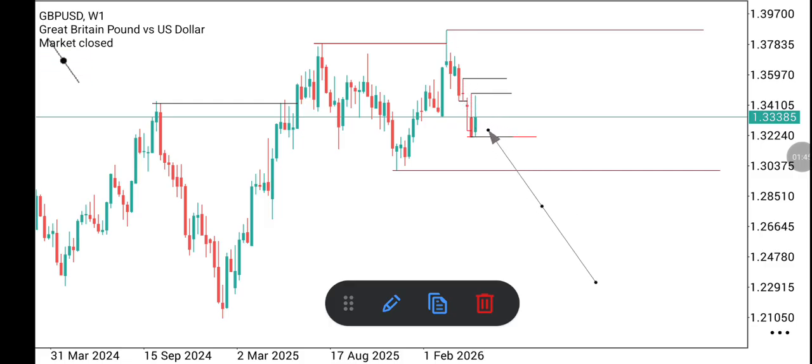Now if you closely examine this price action from the weekly time, we will see a bullish candle. This week, the last week, I think closed bullish. Now we are seeing a bullish candle, but this is not enough confluence.